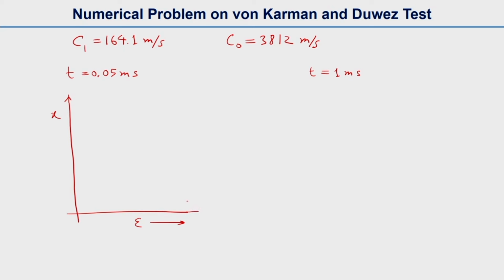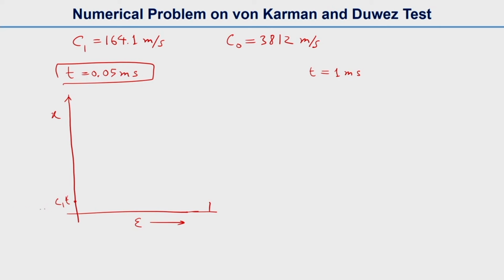So the wave profile, sorry, this is the 0.05 millisecond one. First we need to find C1t, with t equal to 0.05 millisecond.